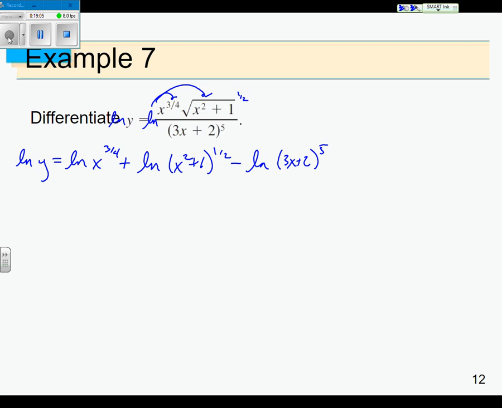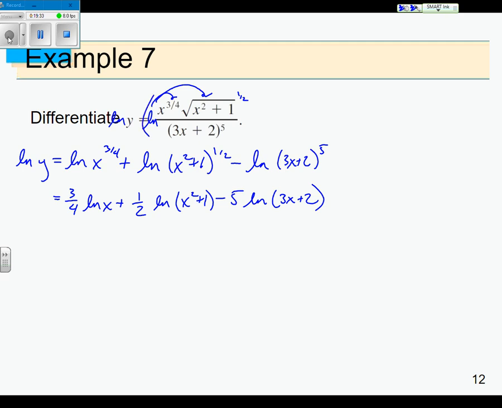Now the natural log does not distribute through those parentheses, but I have a power property that will bring all these exponents down in front. Hopefully you agree that's equivalent to what is above it, okay?